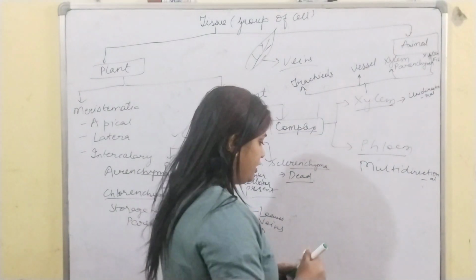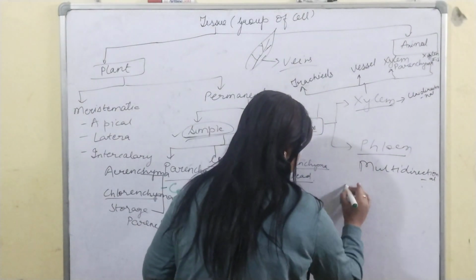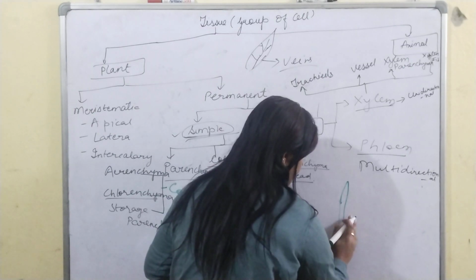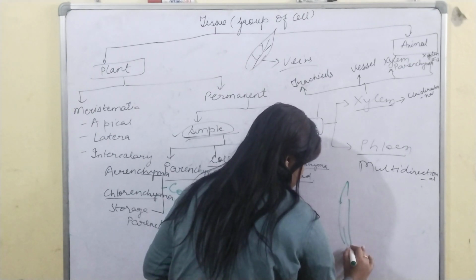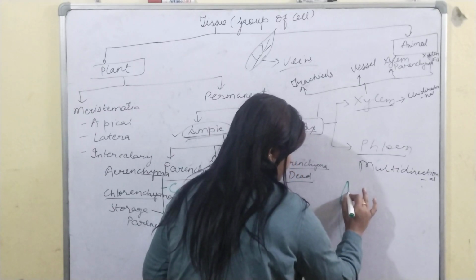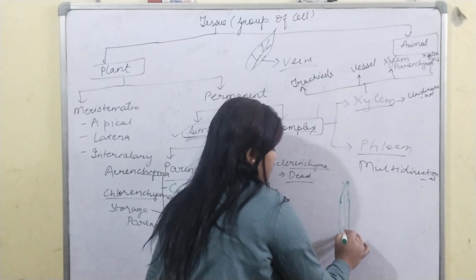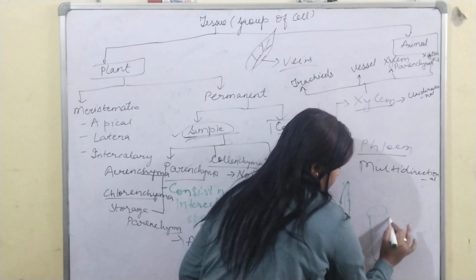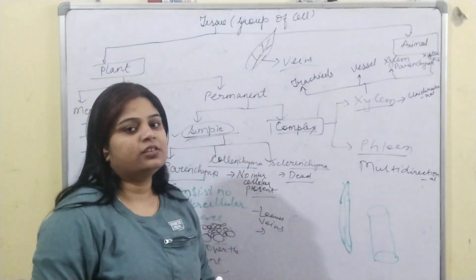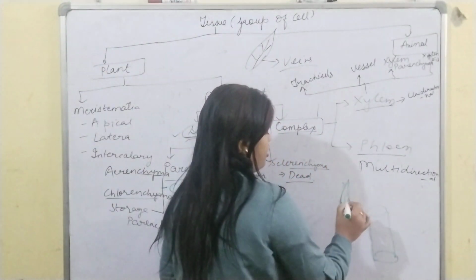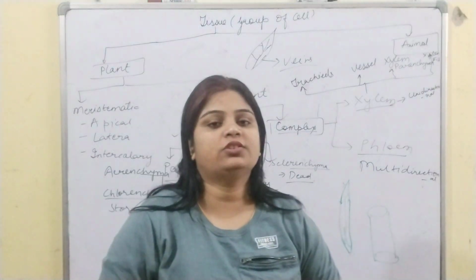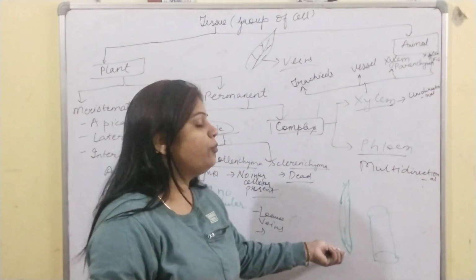So tracheids are in this shape, tapering at both ends. So these tracheids are what? Narrow structures, tapering at both ends.